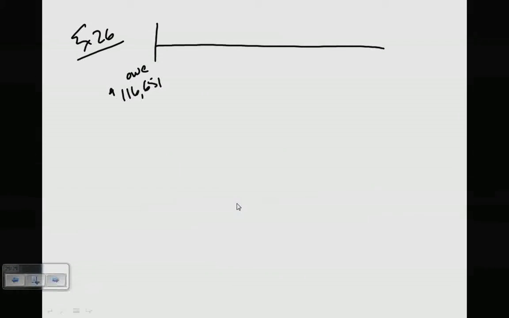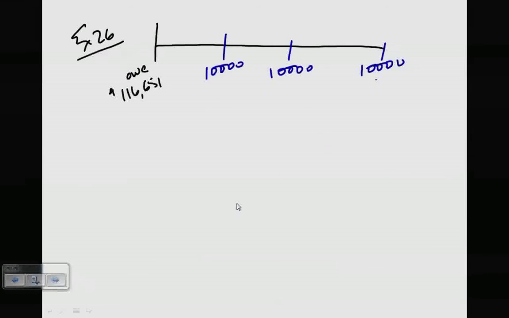And the bank agrees to restructure this by extending it 3 years, and we're going to lower the interest rate to 10%. So basically, under the new agreement, we're going to pay interest of $10,000 plus $100,000 back at the very end.